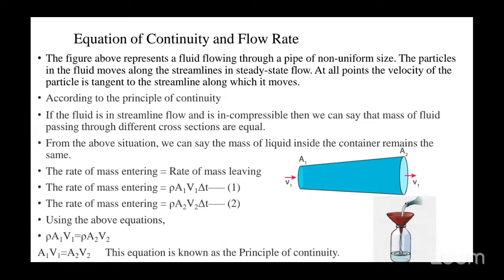So for that to happen, there are some assumptions we need to consider based on our ideal fluid that we considered earlier today. We have about 3 or 4 assumptions for an ideal fluid. Out of these, we'll consider 2 of them and apply them to this equation of continuity and flow rate.